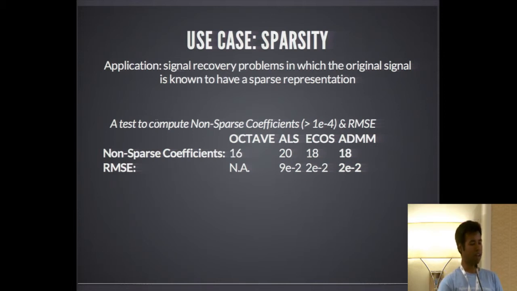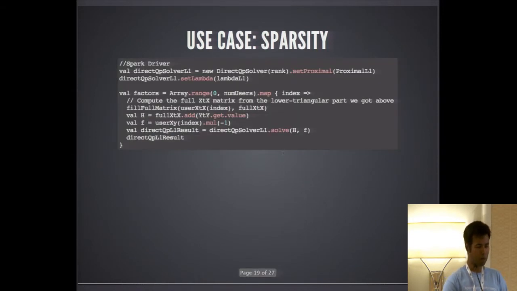We are trying to see how close we are to Octave. The alternating least squares that Spark has cannot solve this, but we found that our ECOS and ADMM solvers both give you sparse answers. Now, this is, again, how we write this code in MLlib.